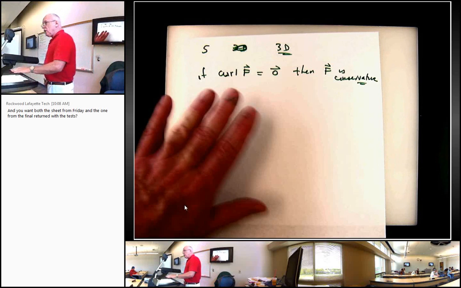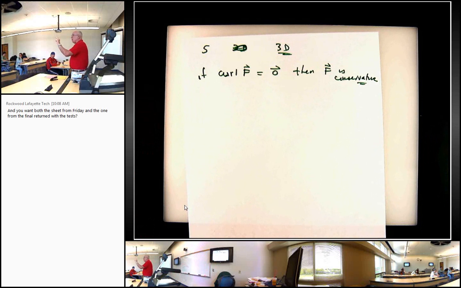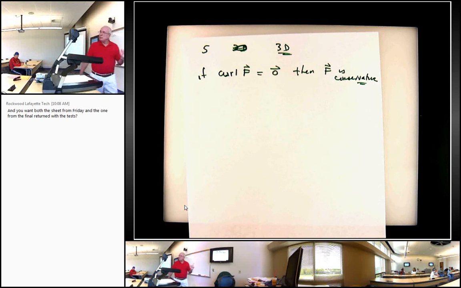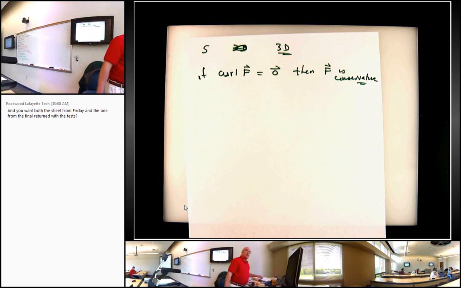First of all, yes? I found an equation in the book, like dP over dy equals... That's for 2 dimensions. But there's 3 of them. If they all equal each other, then it's conservative. Okay, this is from the textbook, and is it for 2 dimensions? No, it's for 3. So for 3, we use the curl.